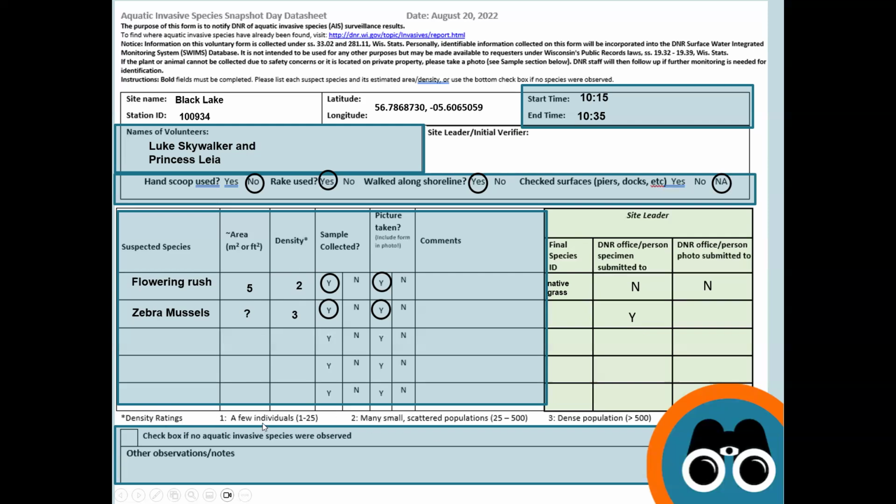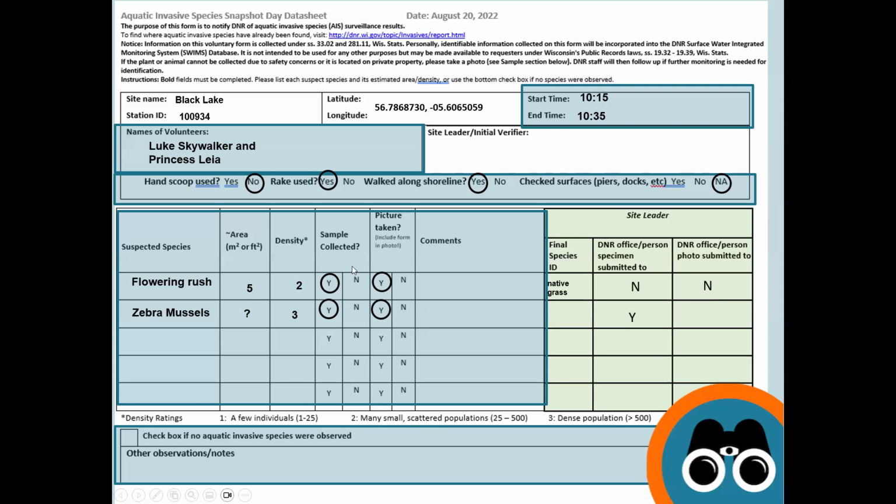Is it just a few individuals, 1 to 25? Many small scattered populations, 25 to 500? Or is it a very dense population of over 500? And this is just for what you can see. You're not expected to go out and do a full survey trying to quantify as many AIS as you can see.